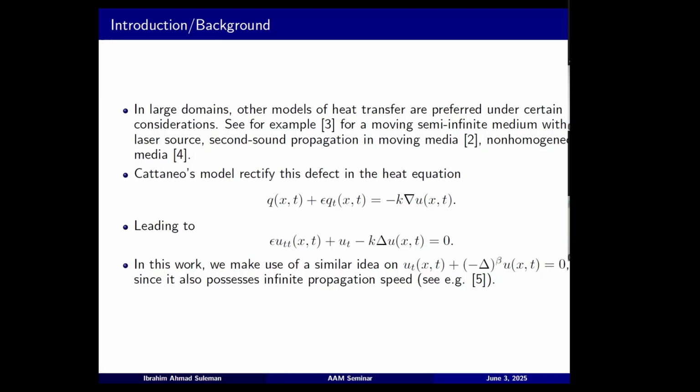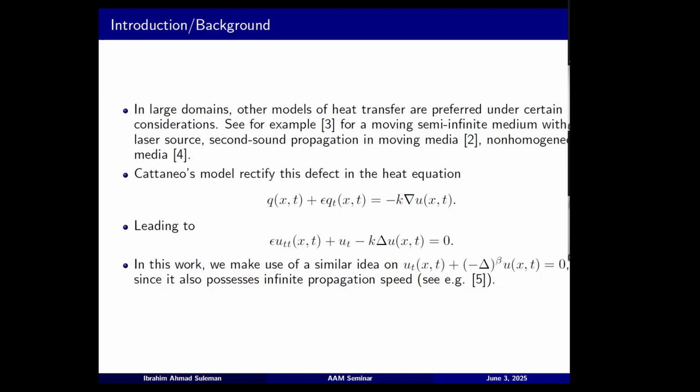Among those that tried to rectify the problem of infinite speed propagation is Cattaneo, who suggested this model instead of the Fourier model. Because as Nernst discovered in his work, the problem was coming from the Fourier heat conduction. So replacing the Fourier heat conduction with Cattaneo's model leads to a wave equation, basically, which we know has finite propagation speed.